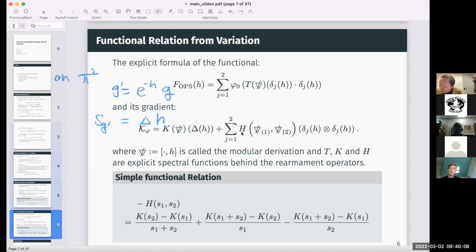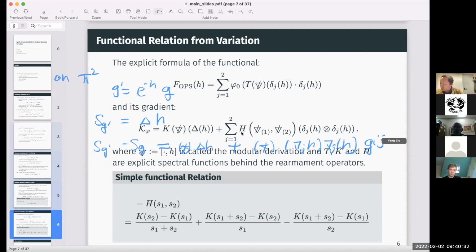And for higher dimensions, the difference of the two scalar curvatures is something times the Laplacian of h plus something times the lambda j of h, some Gij.